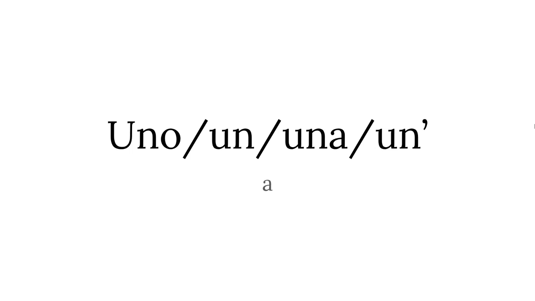And un, with an apostrophe, is the feminine a that you use in front of feminine words that begin with a vowel. Okay? So that's it. The most common ones, un, una, un with an apostrophe in front of feminine words that begin with a vowel, uno, masculine article for words that begin with S plus a consonant, PN, PS, PT, X. Okay? That comes with practice. Now it seems complicated. I know it.